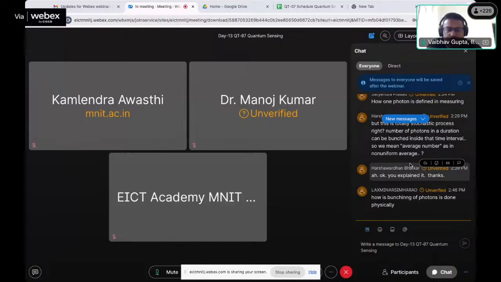Let's say you take one single quantum dot and pump it with a 400 nanometer laser, and suppose this quantum dot emits light at 600 nanometers. Now you can calculate the G2 function of this quantum dot, and if the G2 function goes towards 0, this is a property of a single photon source, which means it has anti-bunching.